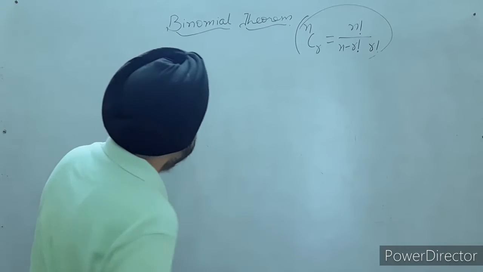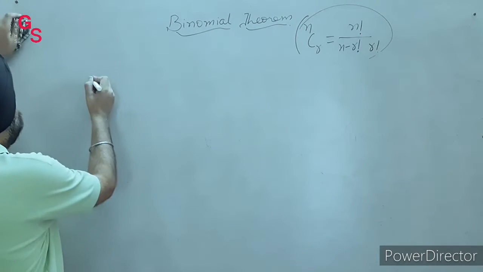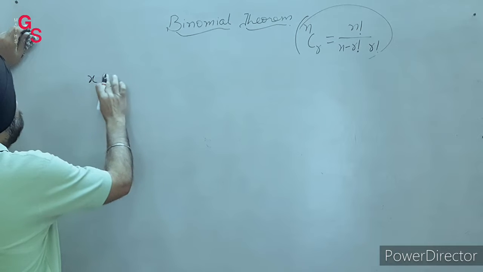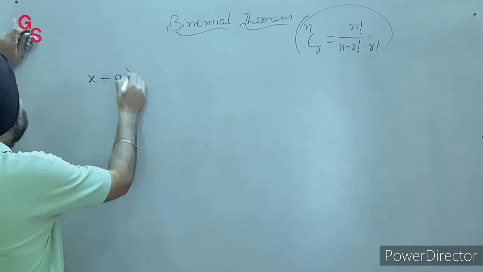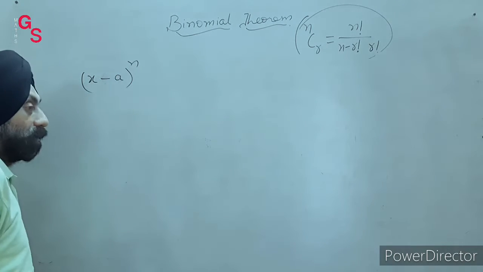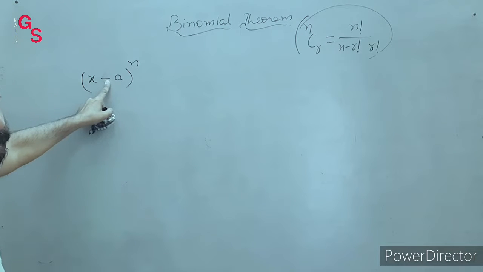Now what will happen if it is (x minus a) raised to power n? Now there is a negative sign in between.